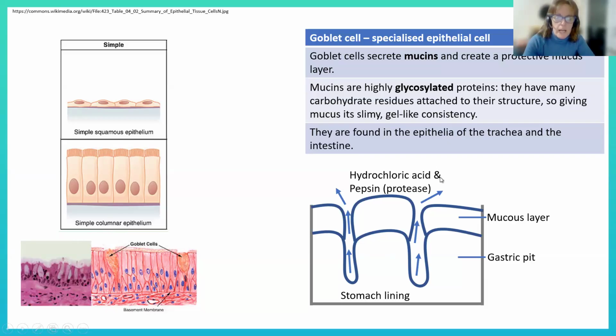It's got very low pH, so it's a very, very strong acid. And they also secrete pepsin, which is an enzyme which breaks down protein, which is great because we eat loads of protein. We want to break it down, but also this stomach lining is made out of protein. So that's not so great because these enzymes could damage it. So the production of mucus is really important in this area as well.